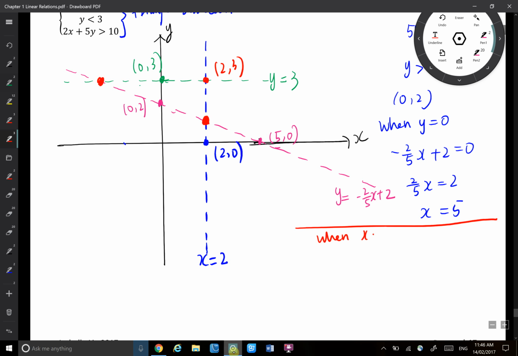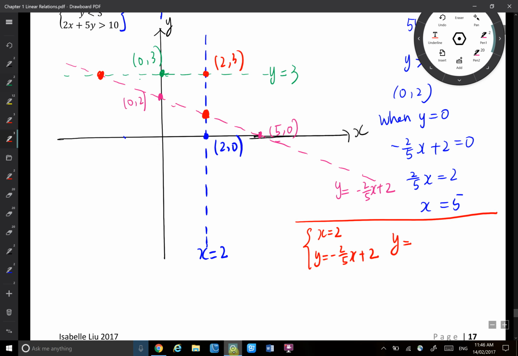When x equals 2, because it's the intersection between x equals 2 and y equals -2 on 5x plus 2, substitute x equals 2 in. You have -2 on 5 times 2 plus 2. Y equals -4 on 5 plus 10 over 5. And y gives you 6 over 5.